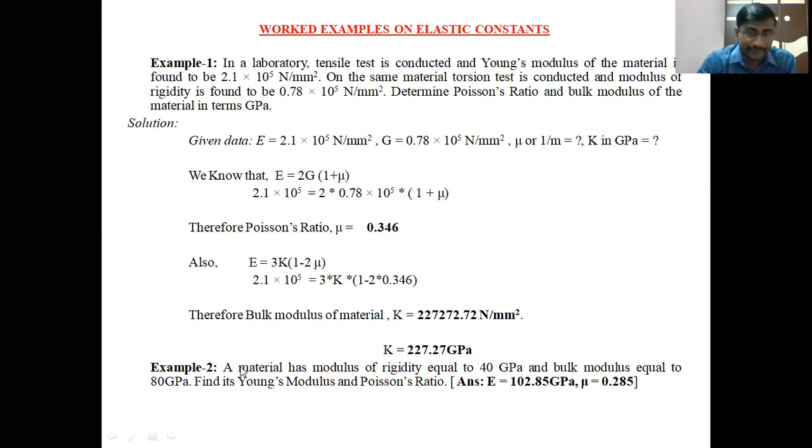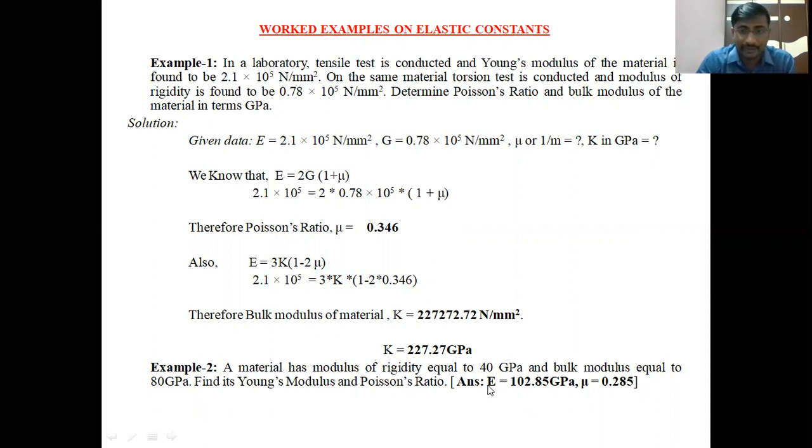Second problem. In the second example, a material has modulus of rigidity equal to 40 GPa. Modulus of rigidity means G value, capital G, 40 gigapascals, and bulk modulus equal to 80 GPa. Bulk modulus means capital K is equal to 80 GPa. Then find the Young's modulus and Poisson's ratio.